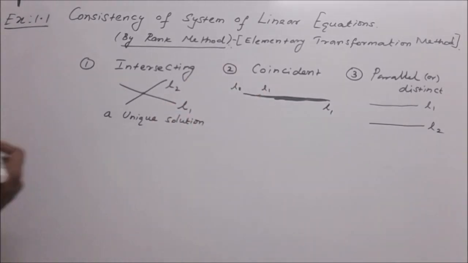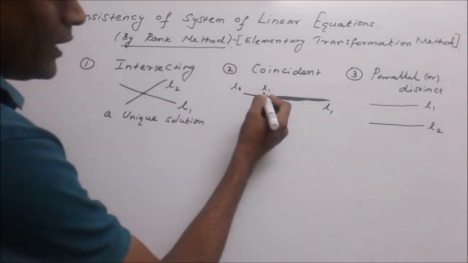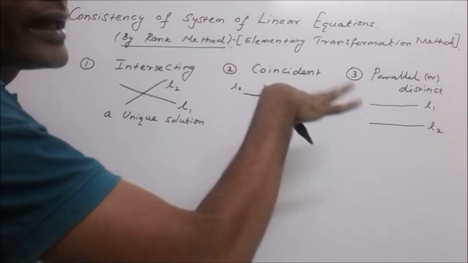The coincident line. Coincident line means what? One line forms on the other line.